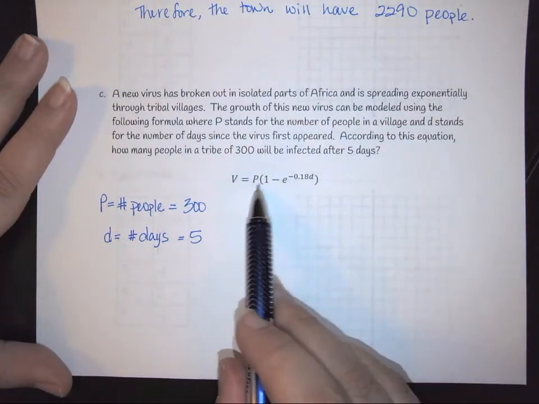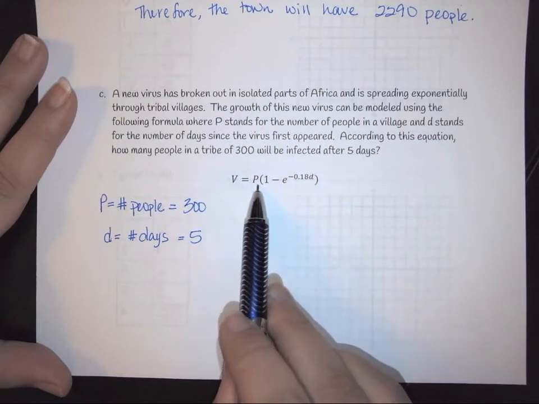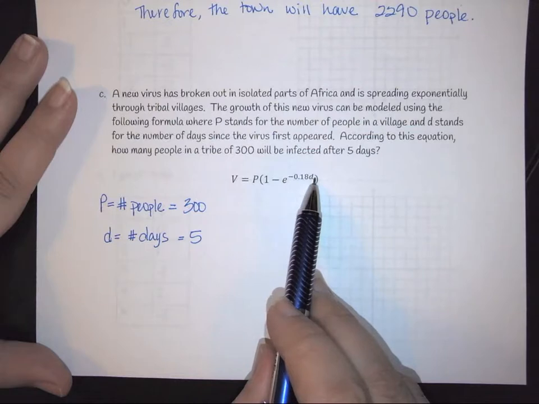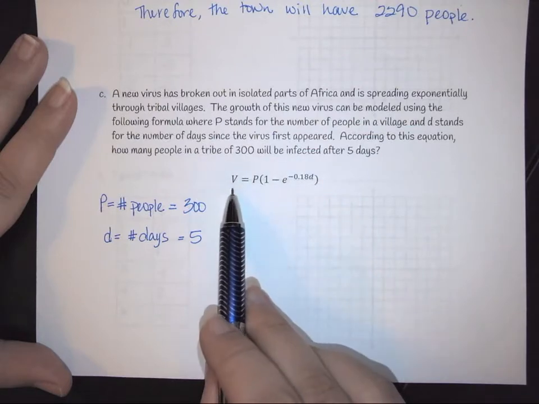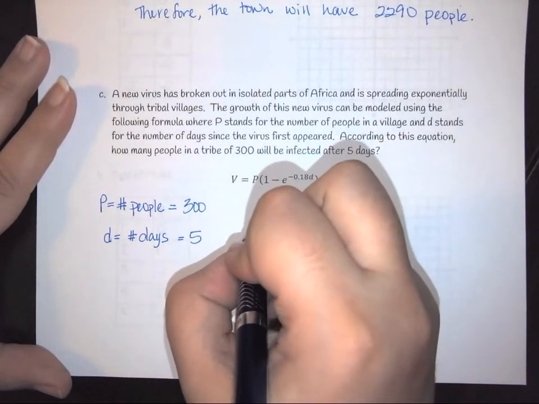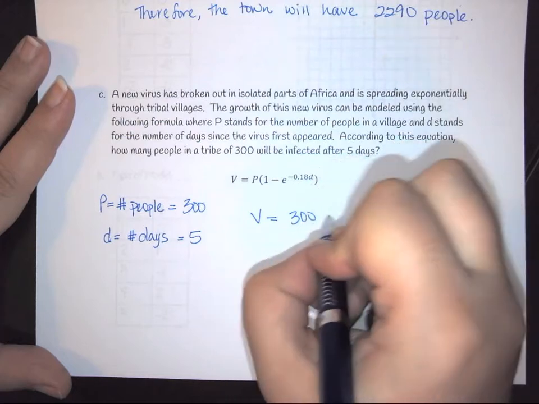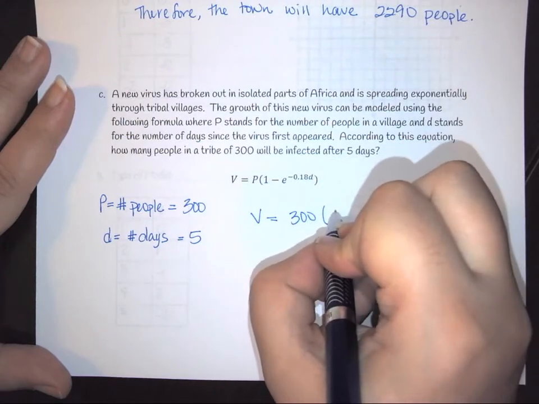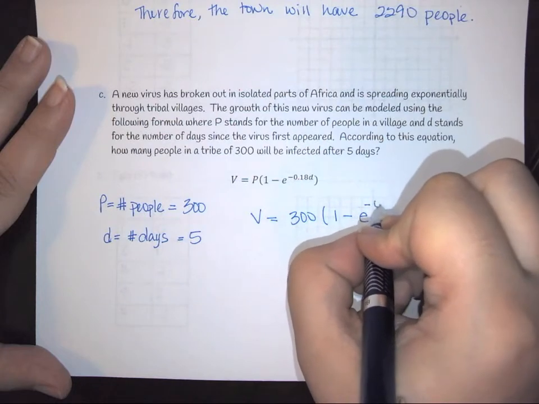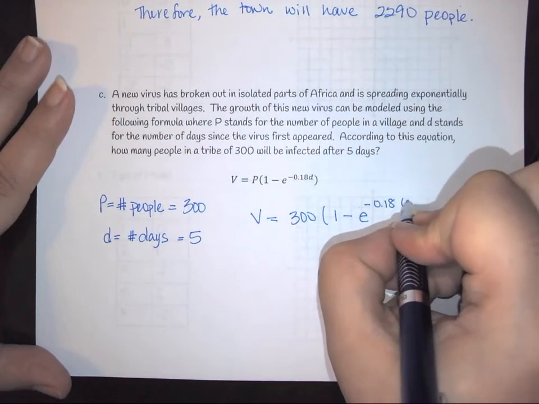If you notice, I have 3 variables, V, P, and D. 2 of them have been filled in. Therefore, I have to simply solve for the missing one, which is V. So here I've got that V is equal to my 300 times 1 minus E to the negative 0.18 times 5.